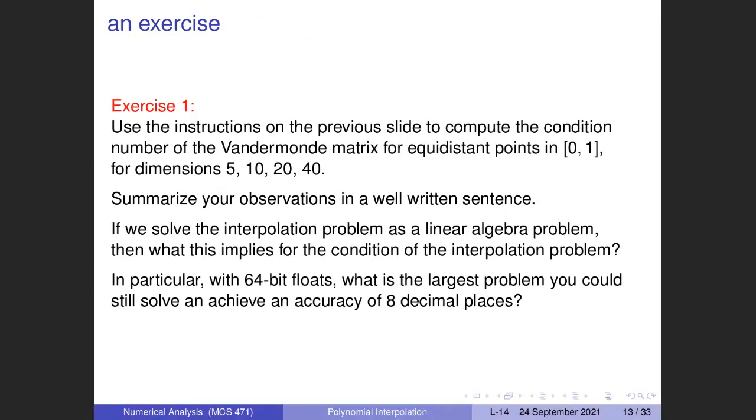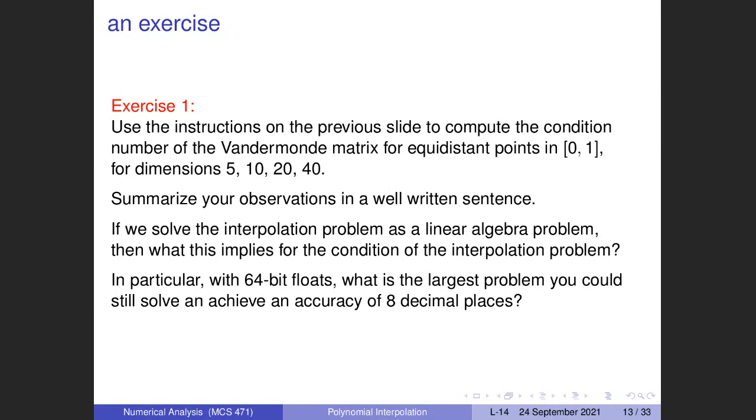So running the code on the previous slide is already the first half of the exercise, then you use the fundamental inequality that we have seen in the previous chapter. So with 64 bit floats, we may assume that everything is correct to 16 decimal places.